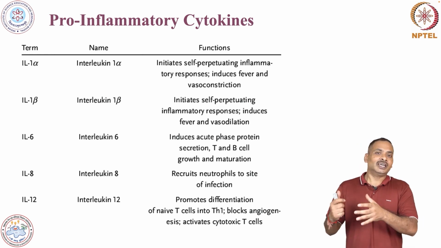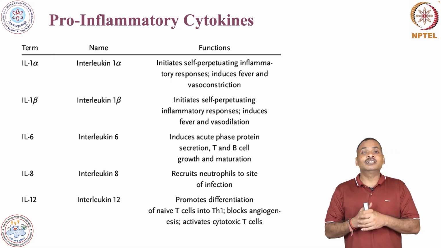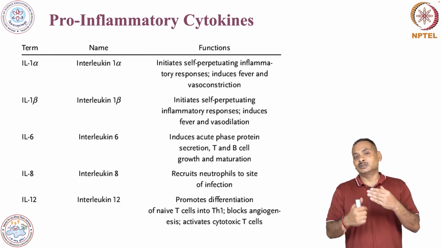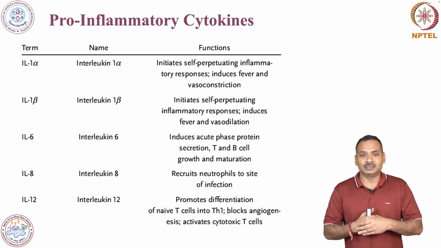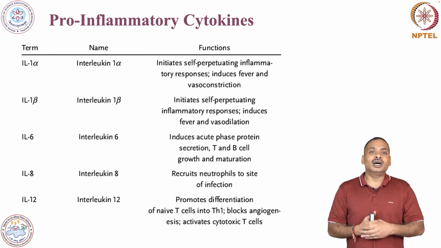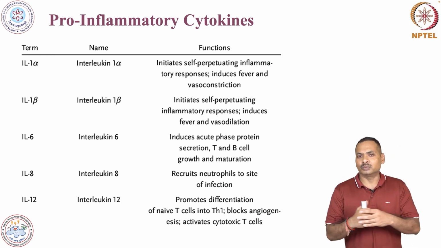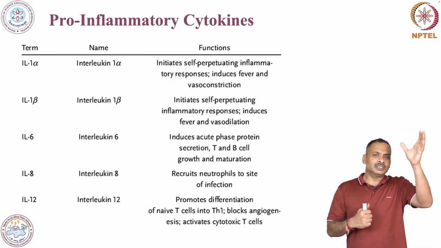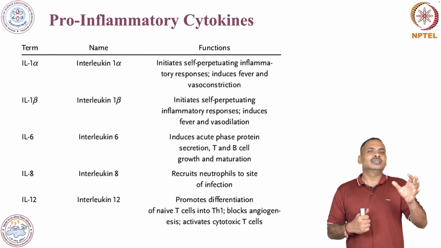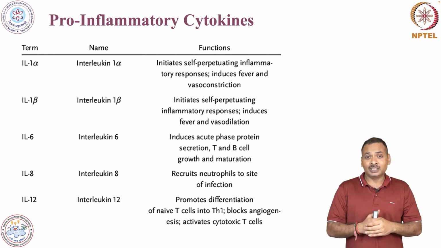When there is a cleavage of this protein, pepsinogen is converted into active pepsin. Similarly, IL-1 beta is produced in pro form, in inactive form, and then there will be a need for some additional signaling which will convert this pro form of IL-1 beta into the active form of IL-1 beta.